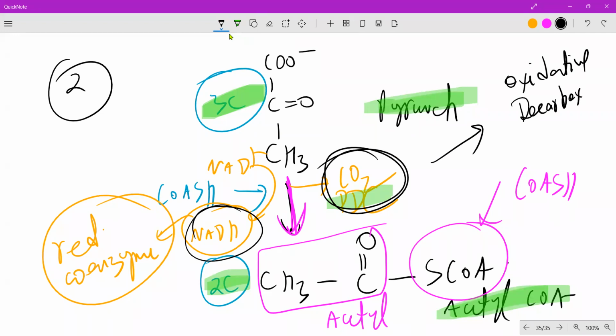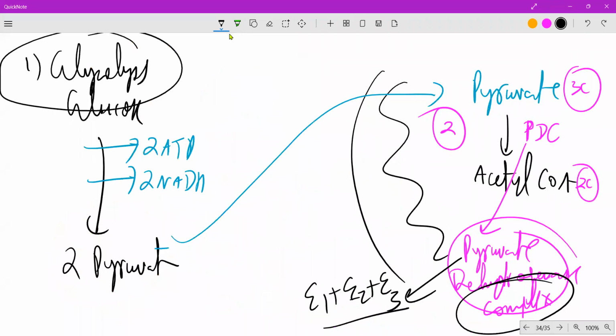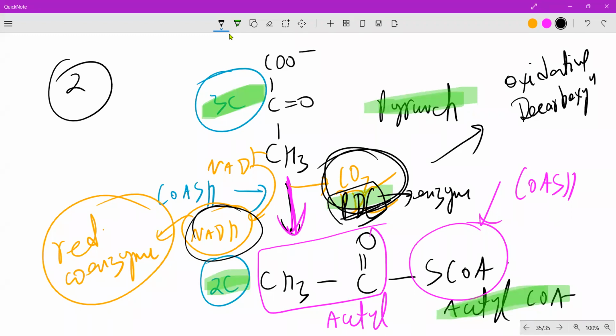Sir, what is written below CO2? PDC is written, pyruvate dehydrogenase complex. This is our enzyme, okay? PDC. This is E1 plus E2 plus E3. Remember? This is our pyruvate dehydrogenase complex, which catalyzes the reaction.